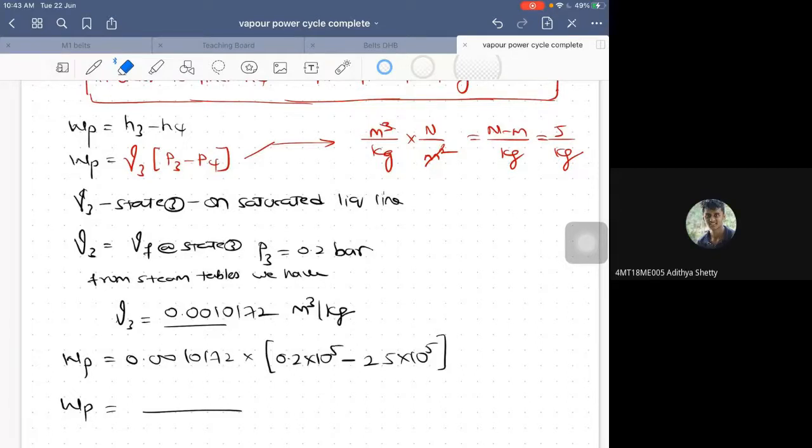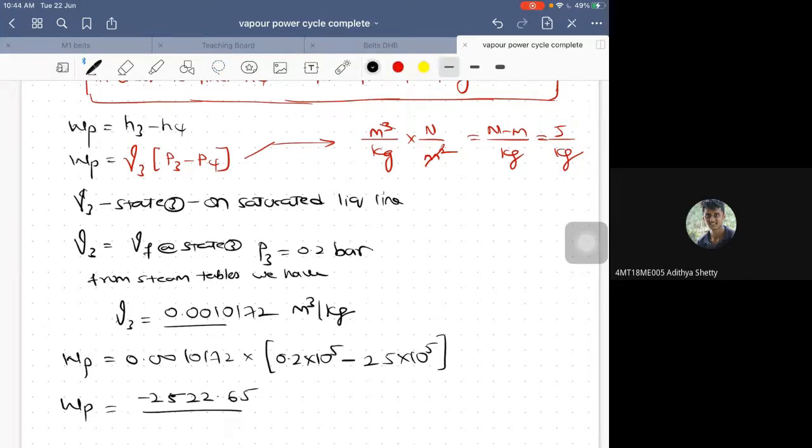Minus 2522.65. So as the units have been matched, it would be in joules per kg.